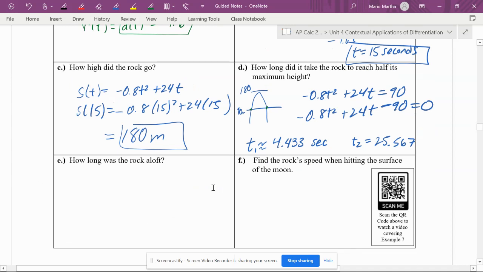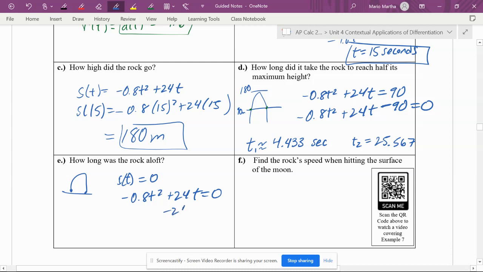Let's look at this: how long was the rock aloft? How long did it take to take off from the floor and then land back on the floor? You're looking for these two instances, which is when s of t is equal to 0. So negative 0.8 t squared plus 24 t equals 0.